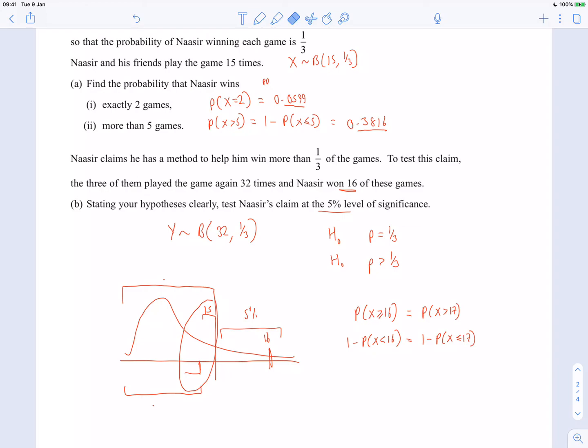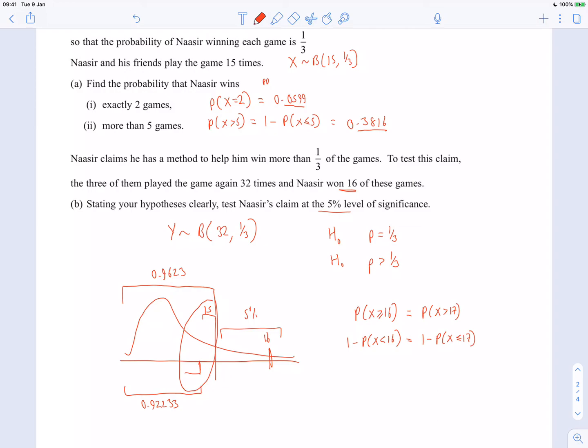So if I go from 0 up until 15 for a 32 one, that is actually 0.9623. And if I go down one to 14, that's 0.92233 and so on. Clearly, the 16 is the other side of that.